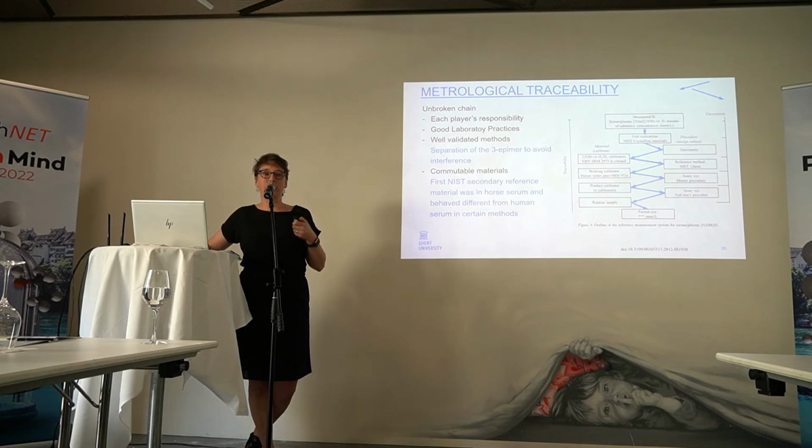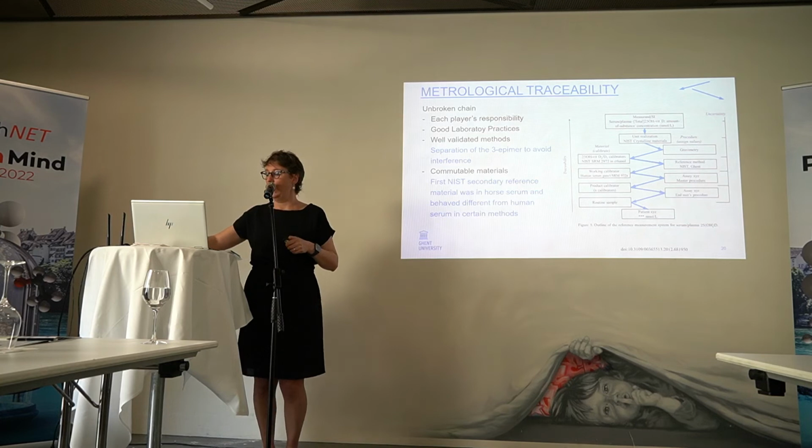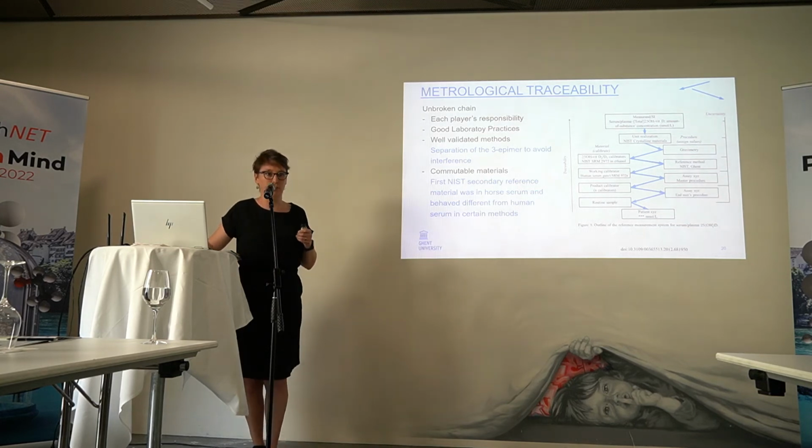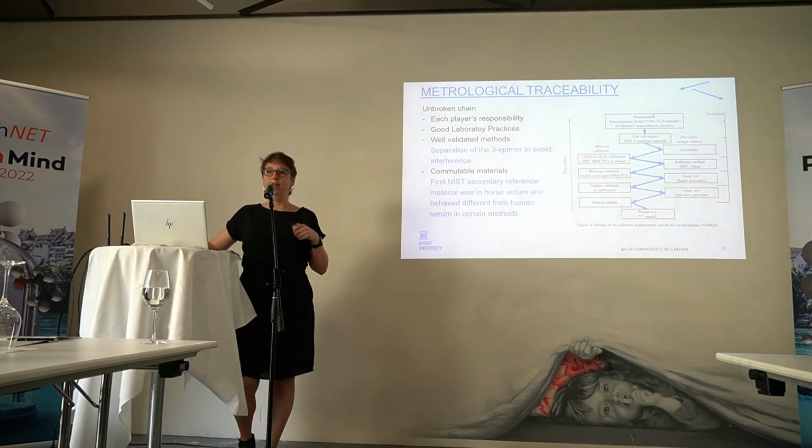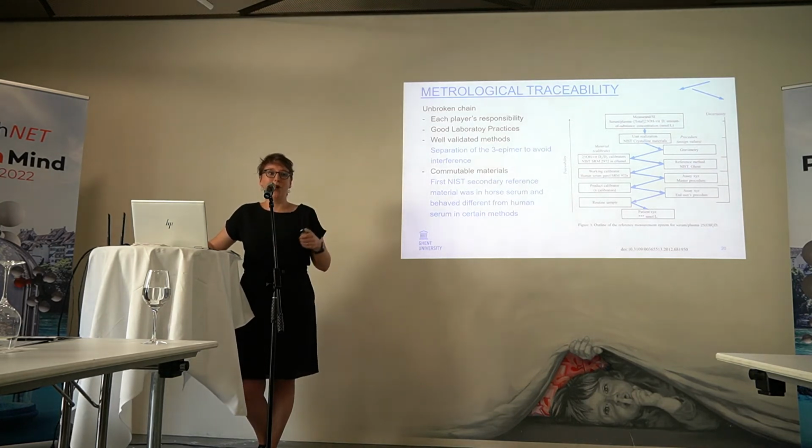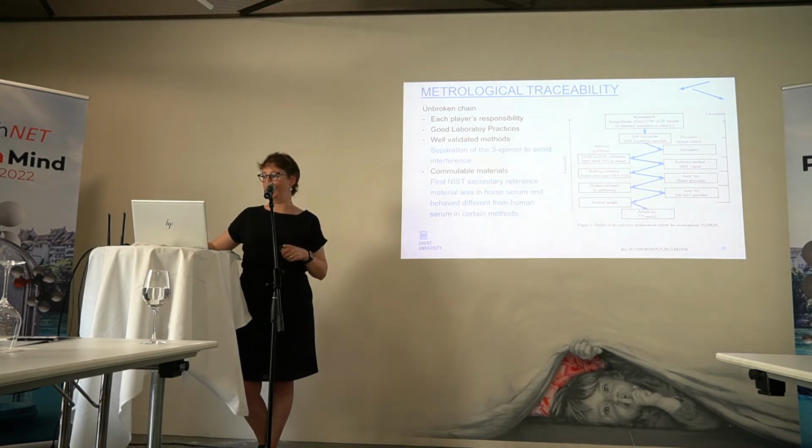So they had to actually throw it in the waste bin and start over with serum from human samples, or from humans. So it's very important, this commutability, and I will explain it a little bit further in the slides, because I will use the term a couple of times more, but somewhere I will explain what it really means.